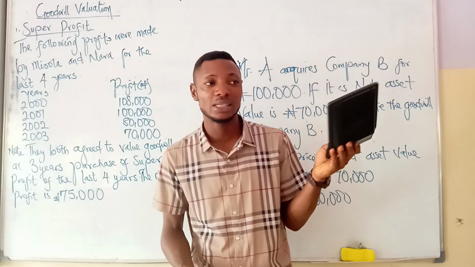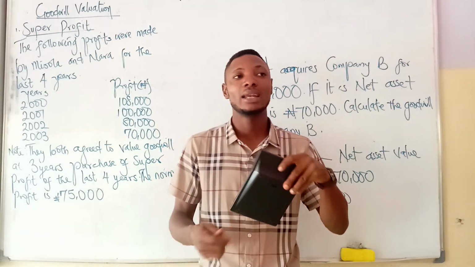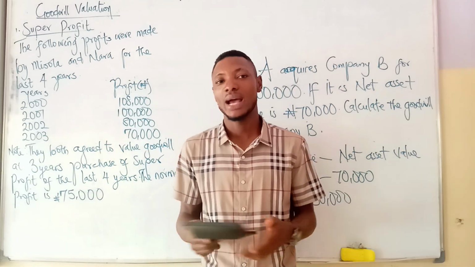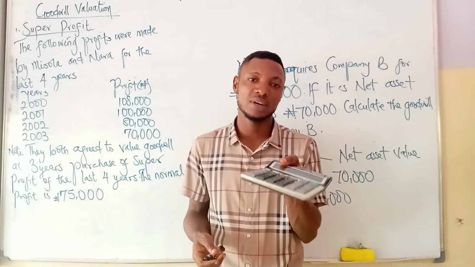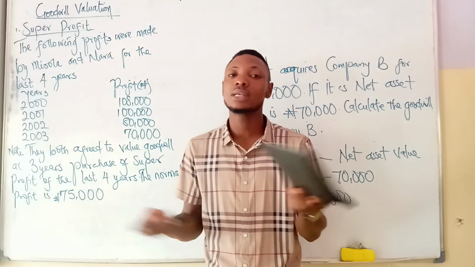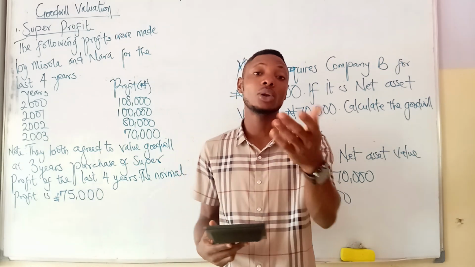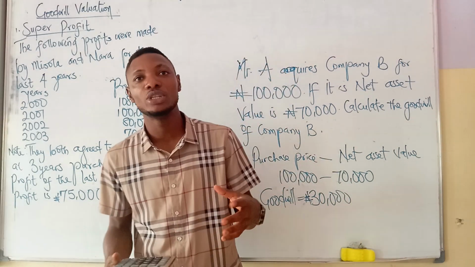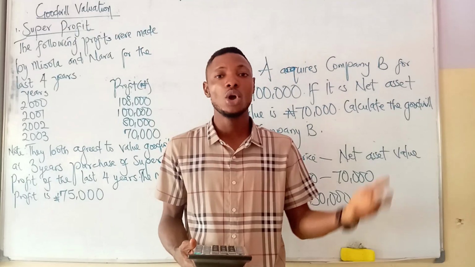If it's a fixed asset like this calculator, I can say the value of this calculator is 30,000 naira, and I get paid 30,000 naira for the actual value of this calculator. But it is not a tangible asset, meaning that we cannot touch it, we cannot hold it, and because of that it is very difficult to quantify.